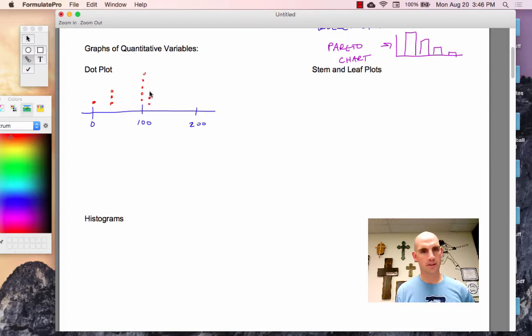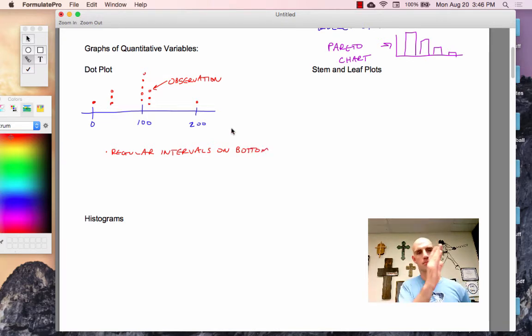Each of these dots represents an observation. For example, if you asked me my height and I said I'm 6'3", I would be one dot on this chart. The bottom is in regular intervals, so you want to make those breaks regular. And each observation is one dot.